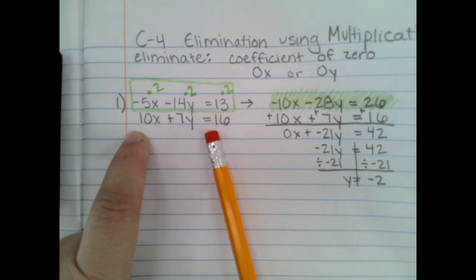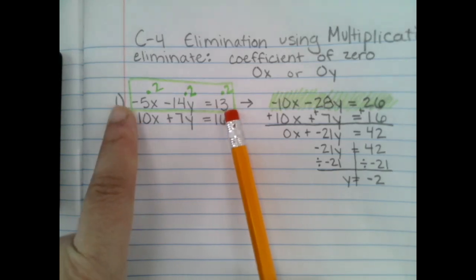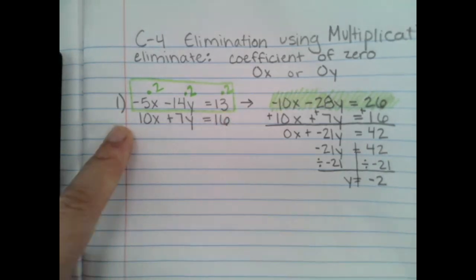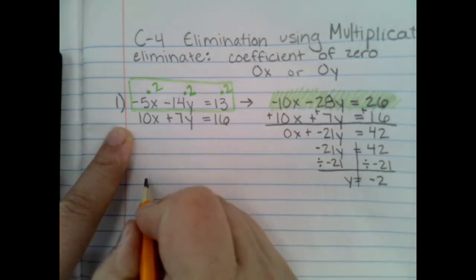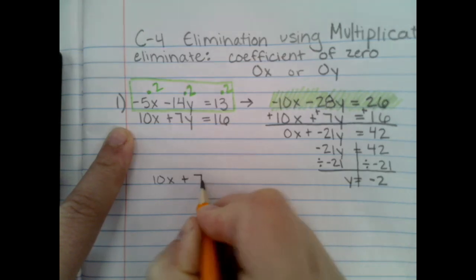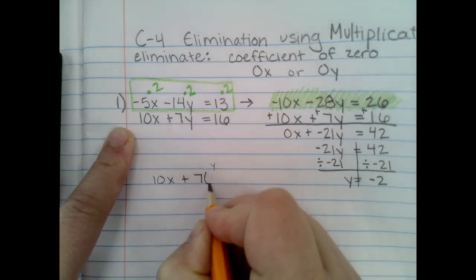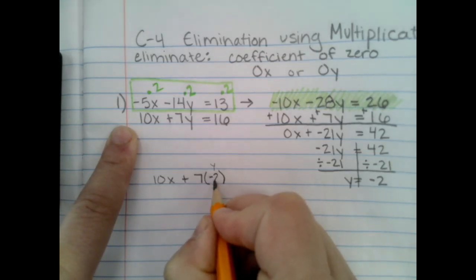I would use the old bottom, personally, but you can use either one. What do you guys think as a class, top or bottom? Bottom? Okay. So I'm going to, I don't know, there's not really a good way of organizing notes today, so it's 10x plus 7, and then it said y. What is our y? Negative 2 equals 16.